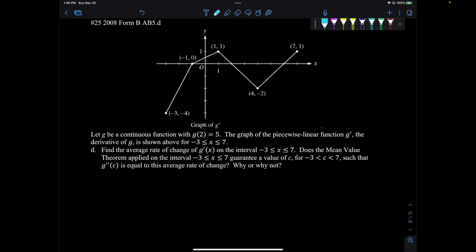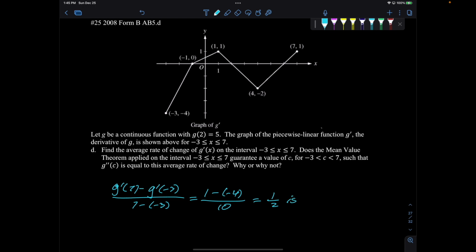First, we're going to do g prime of 7 minus g prime of -3, over 7 minus -3. 7 gives us 1, -3 gives us -4, so 5 over 10. 1/2 is the average rate of change.